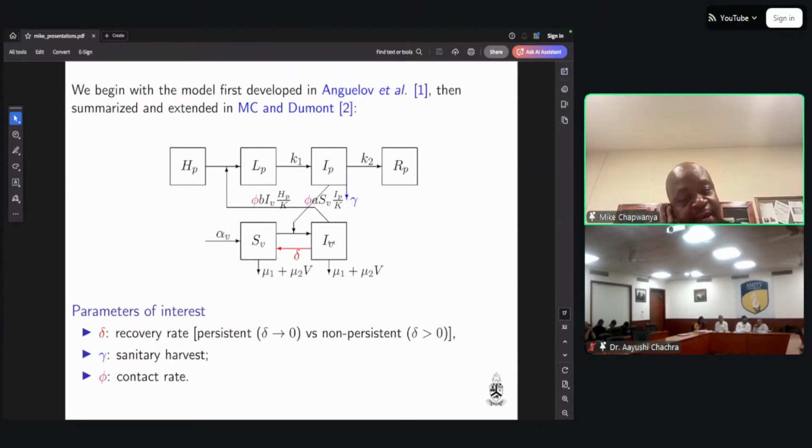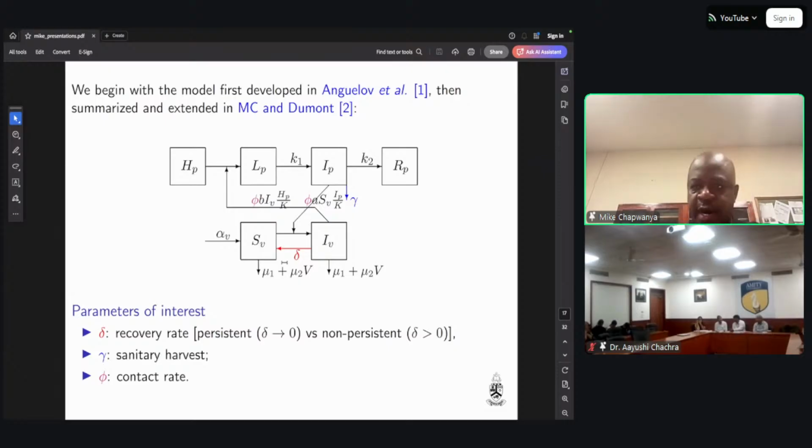But this infected vector carries a non-circulating virus, which means it's just on the mouthpiece of this vector, and after some time it recovers, which means it's no longer infectious. And you wait until the next feeding cycle, then it gets infected and the cycle goes on.